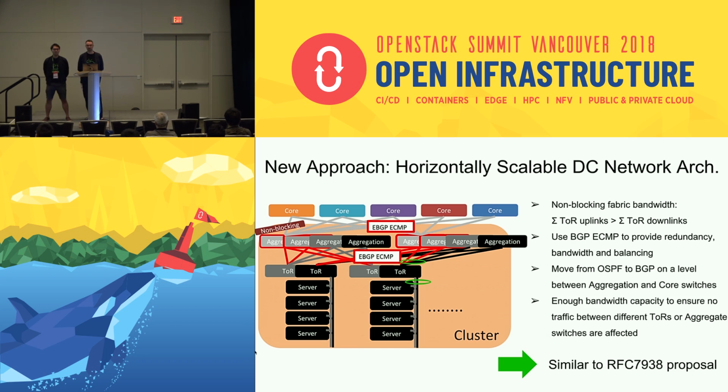If you want to dive deeper into this approach, you can check RFC 7938, which is not really a standard. It's more like a recommendation on how to do large-scale networks in data centers. So we follow these recommendations, but we also had to integrate this solution with OpenStack.